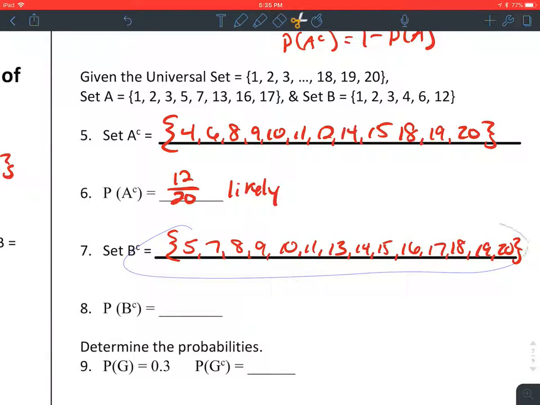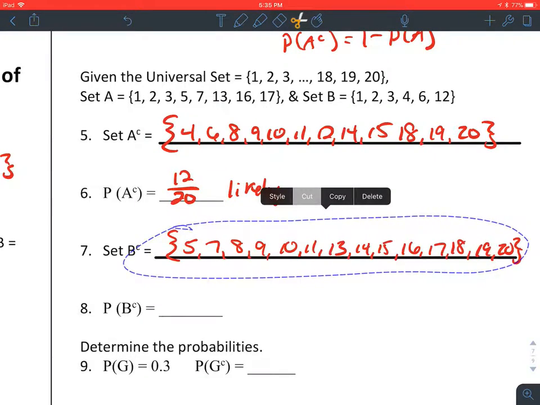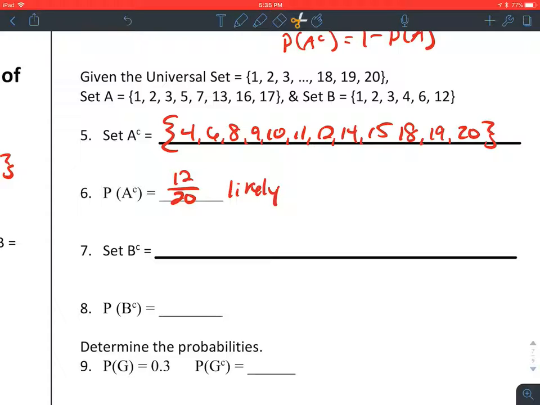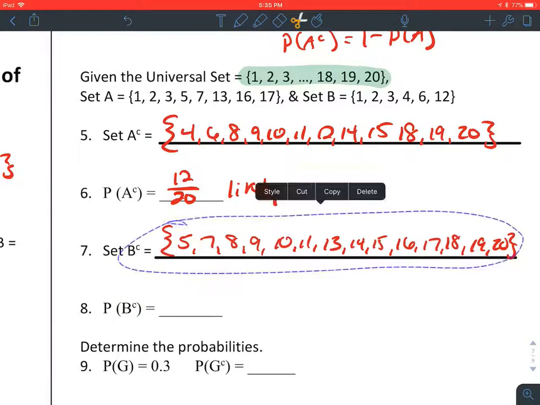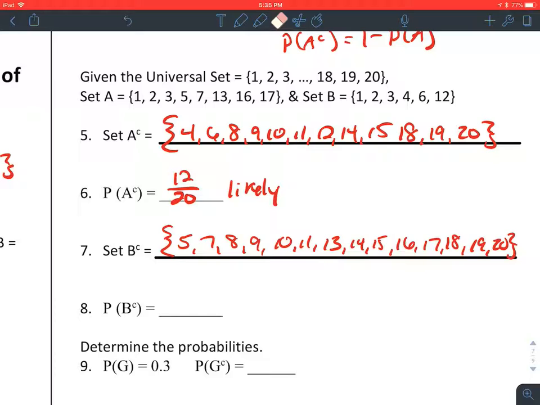And then what is the set that's the complement of B? Well, the elements of B are 1, 2, 3, 4, missing a 5, 6, missing 7 through 11, missing 13 through 20. How do we know they're missing? Because the universal set has all the integers from 1 to 20. So the complement of B, when you combine that with B, makes up the universal set.